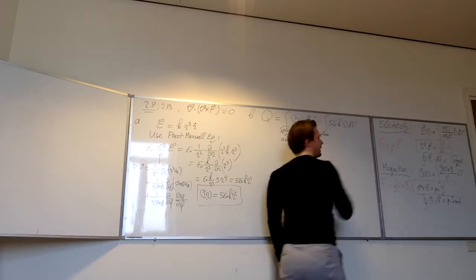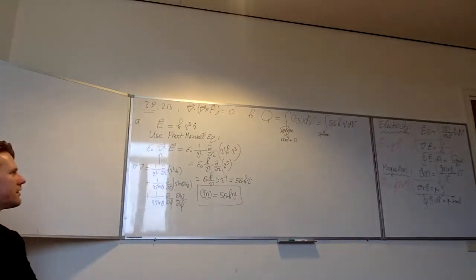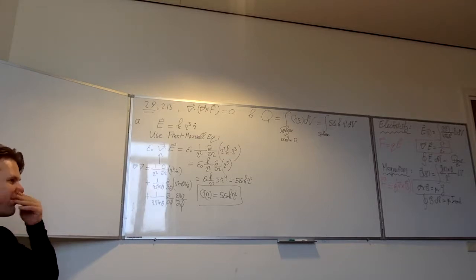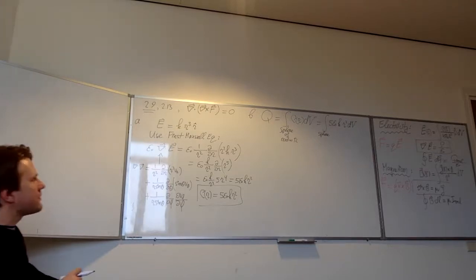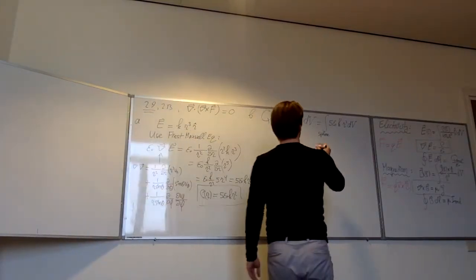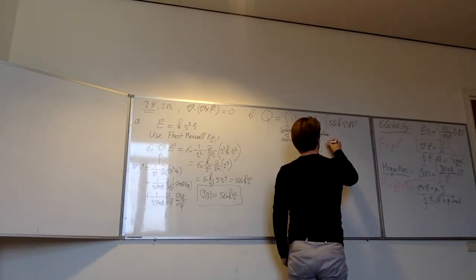Let's continue from here. Well, you need to get the dV in terms of r, right? So you want to rewrite that as 4 pi r squared dr. That's true. But then you also need to set the boundaries to, well, R.